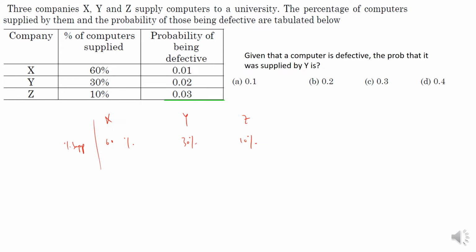And defect for X is 0.01, 0.02 and 0.03. Okay, now the question is, given that a computer is defective, we know that the computer is defective, the probability that it was supplied by Y. How do we write?